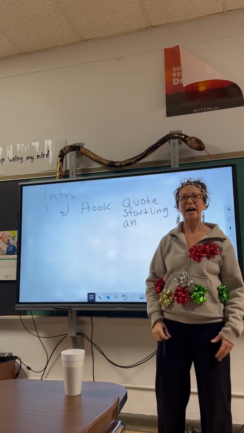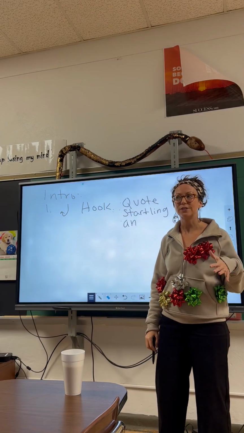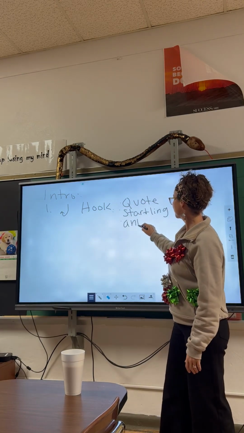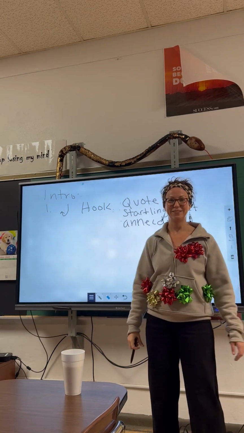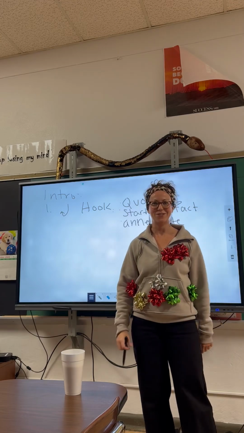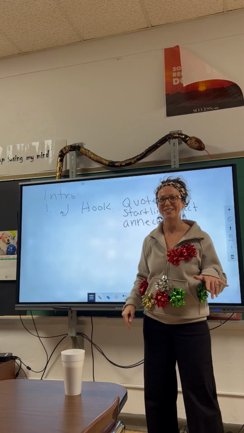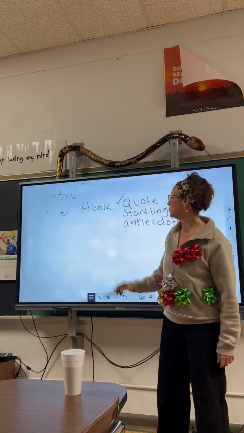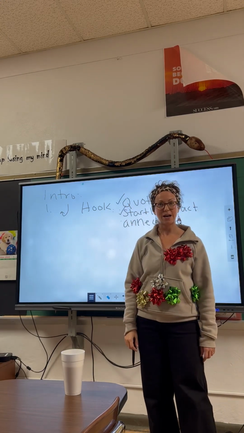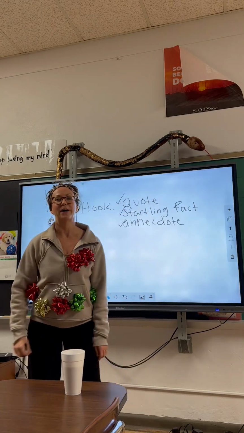And you can have a short anecdote. Remember, I can't spell, so I would Google it if I were writing this. So, you can have a quote about your topic, you can have a startling fact about your topic, or you can have a short story about your topic.